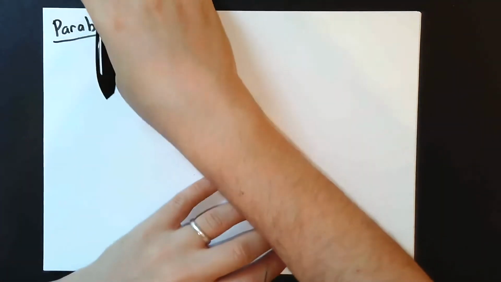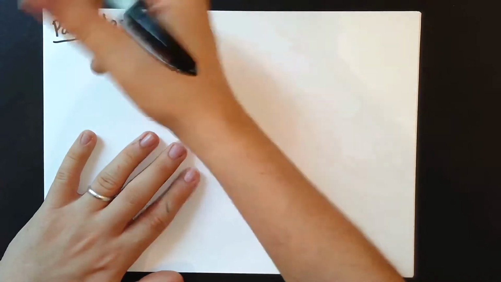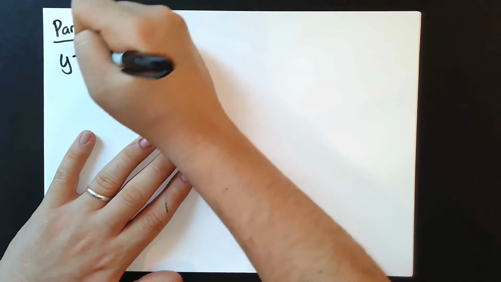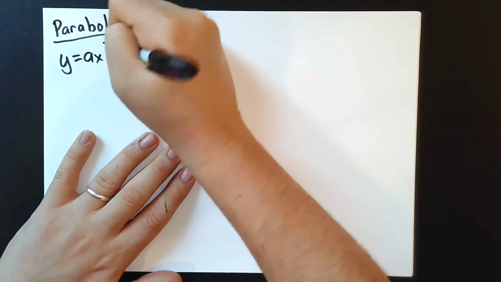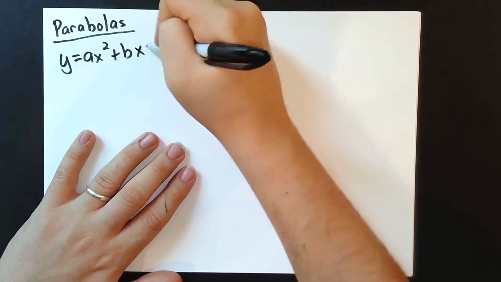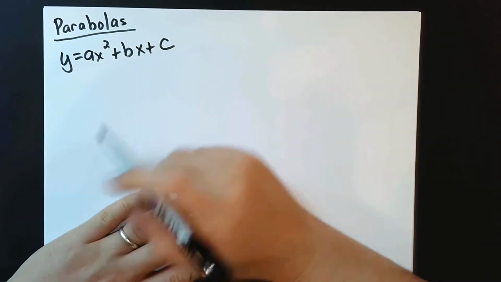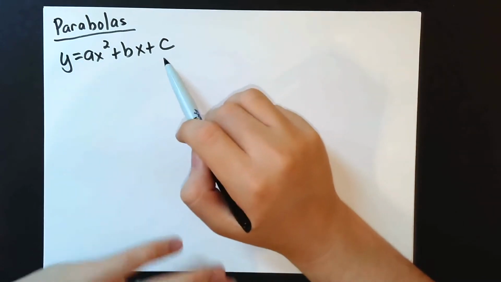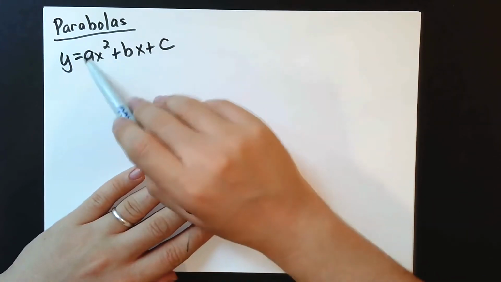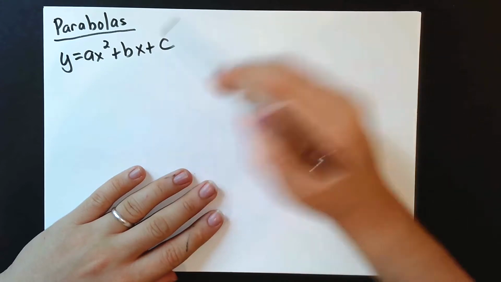Okay. So first of all, I should tell you, the equation of a parabola that we're going to talk about is always going to look like y equals ax squared plus bx plus c. And there's two pieces of very important information that you can glean from looking at y equals ax squared plus bx plus c.